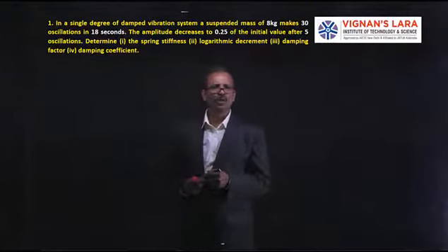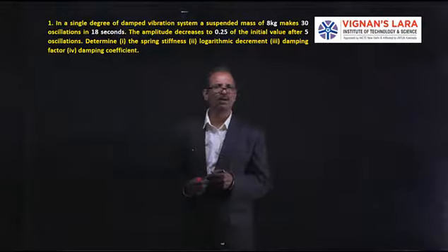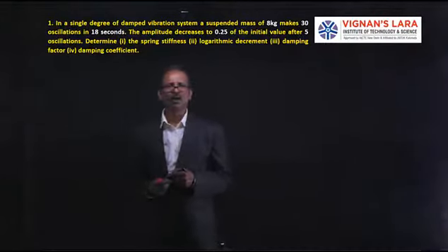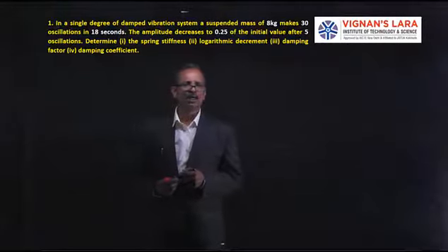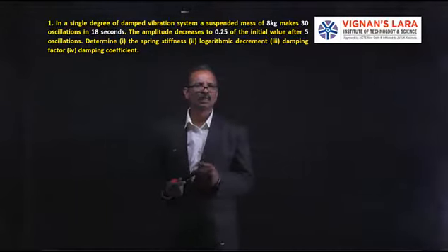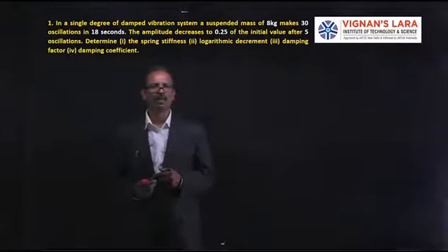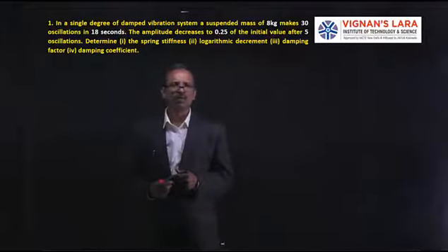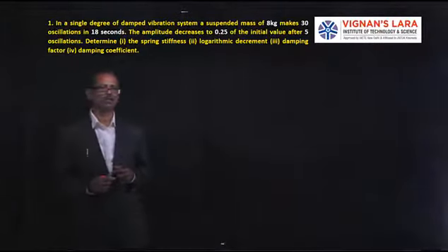The amplitude decreases to 0.25 of the initial value after 5 oscillations. Determine the first one, the spring stiffness, the second one, the logarithmic decrement, the third one, damping factor, and the last one, damping coefficient. So it is a straightforward problem. Let us see how to solve this problem.